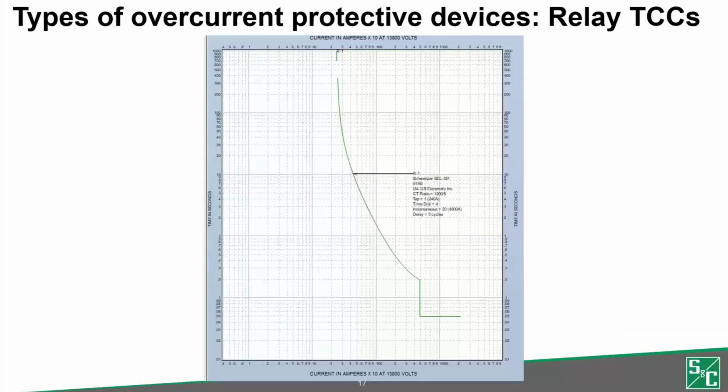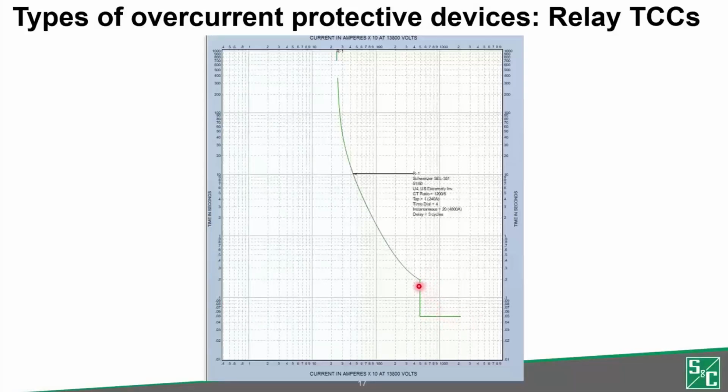I've shown in this slide a plot of the time current curve of an overcurrent relay. Time current curves of relays have a time overcurrent or a 51 element. 51 is the ANSI code applied to the time overcurrent element of relays. And there is the definite time element, which is also called the 50 element of relays.